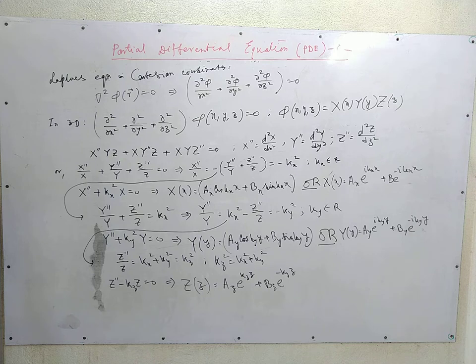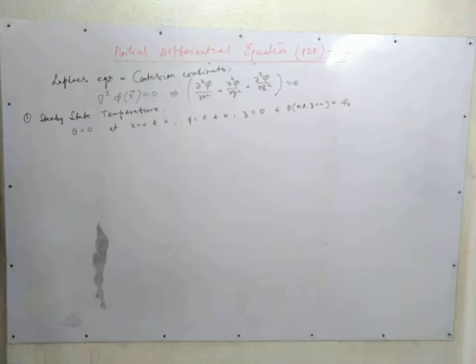Now we shall apply the theory to the solution of a few simple problems. As an example of the solution of Laplace's equation in a three-dimensional Cartesian coordinate system, we consider the steady-state temperature distribution in a cuboidal box.